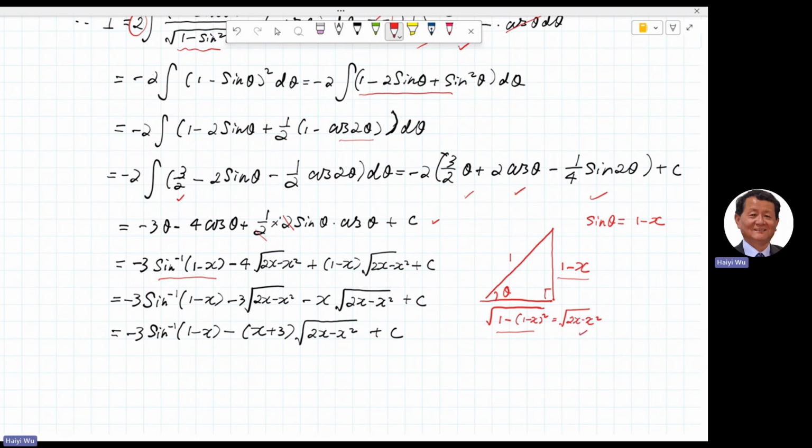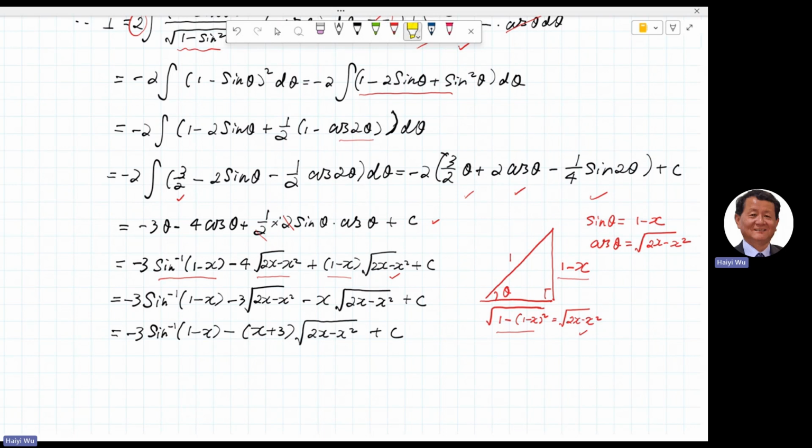So that's the cosine. The cosine theta will be the square root of 2x minus x squared. All right, so the cosine theta has become that. Then sine theta is 1 minus x. Cosine is square root of 2x minus x squared, plus c.